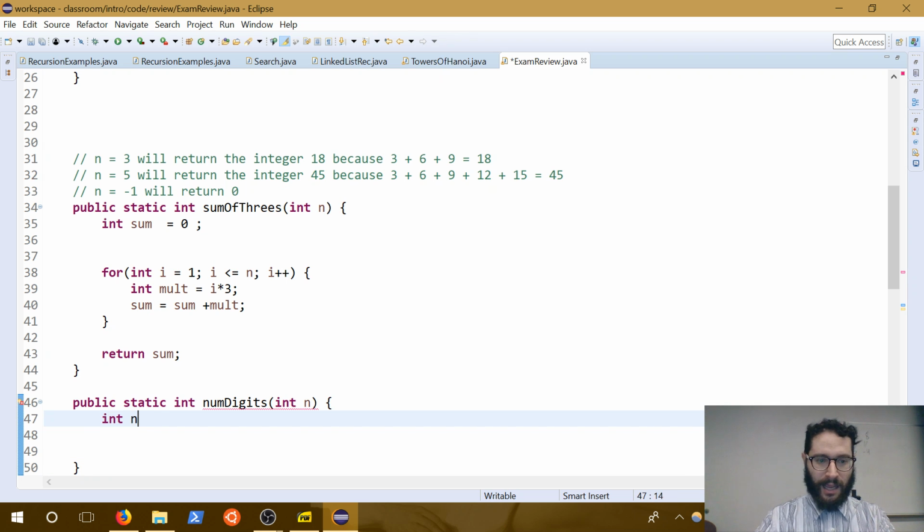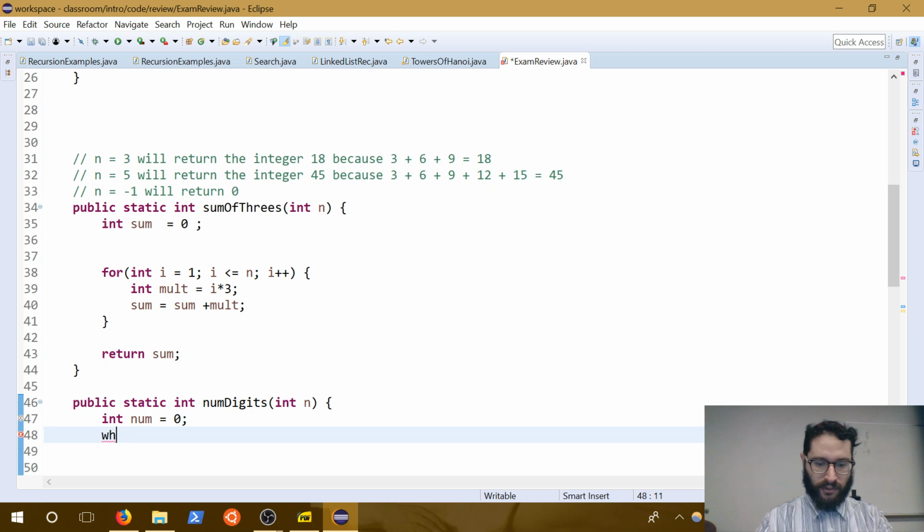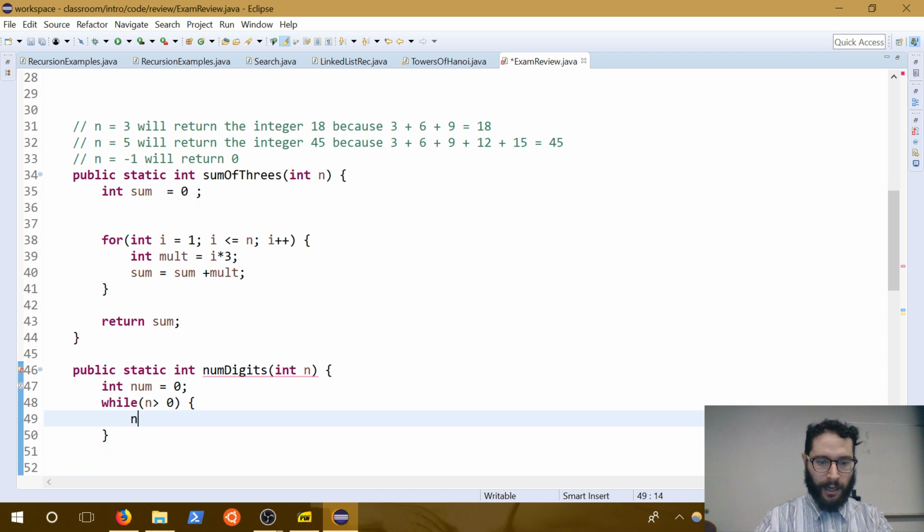So int num is equal to 0. So it starts out with 0 digits. And then, while n is greater than 0, this is even easier with a while loop here. num plus plus, to say, oh, it's still got more digits.